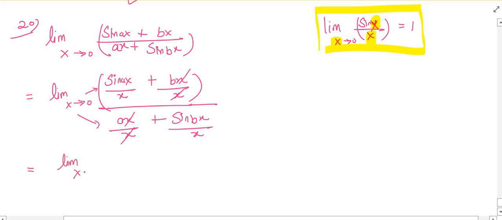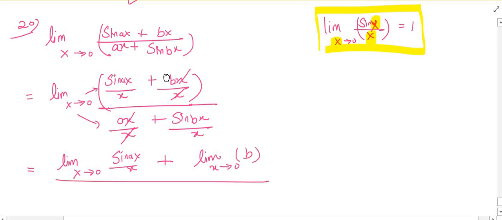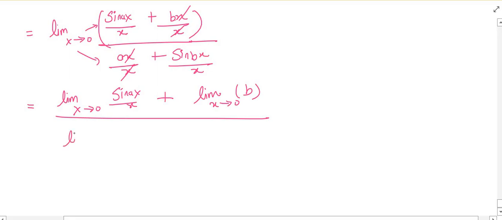So limit x tending to 0 sin ax by x plus limit x tending to 0 b, here only b is left, by what is down, limit x tending to 0, what is left here is only a, right? You can see that, plus limit x tending to 0 sin bx by x. Now what can we do? Think, what can we do?